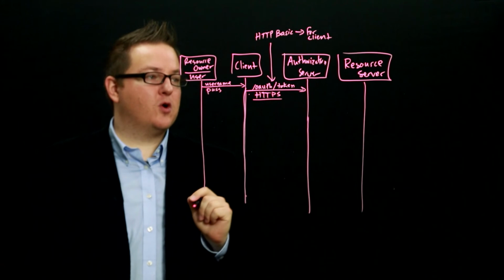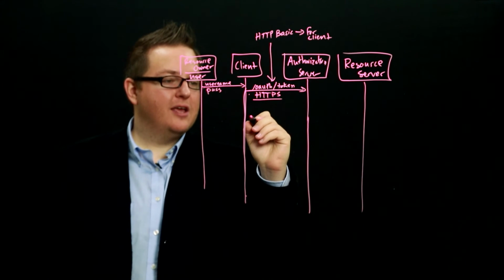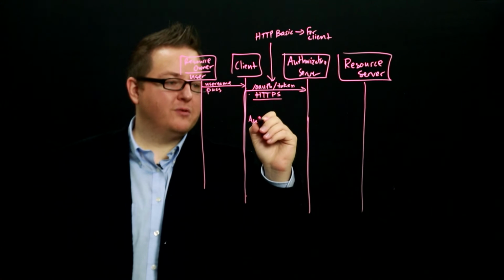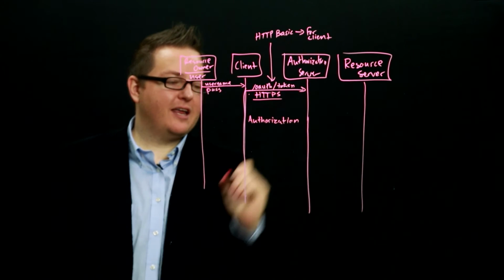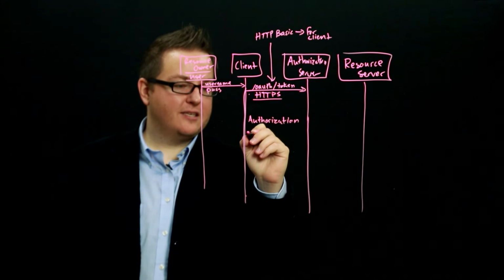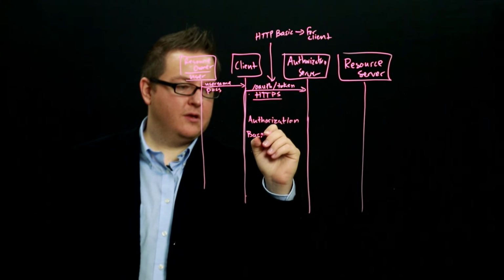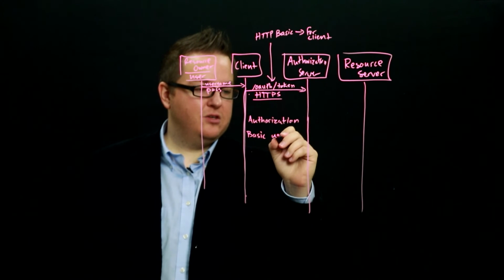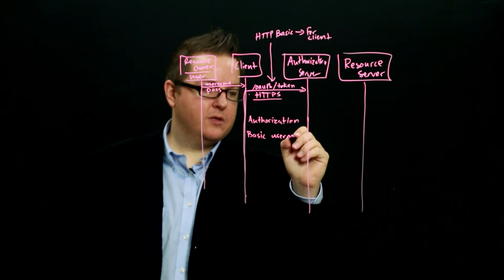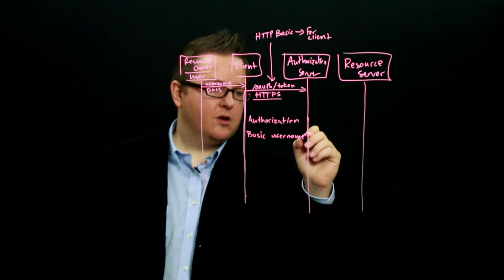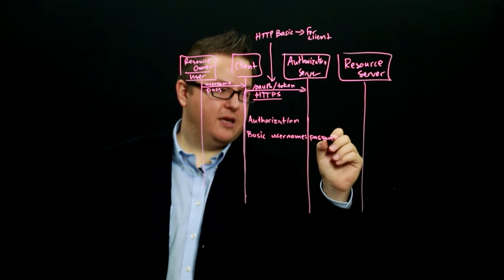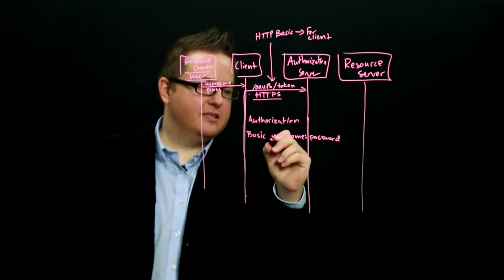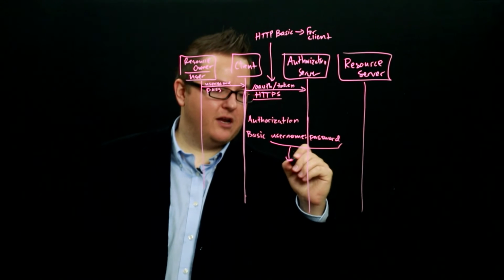So in this request, what we do is we include a header for authorization. And the value of that header is the keyword basic, followed by the username colon password. And this information is then base 64 encoded.